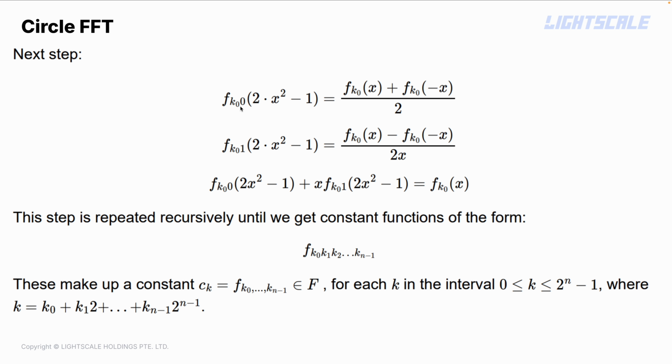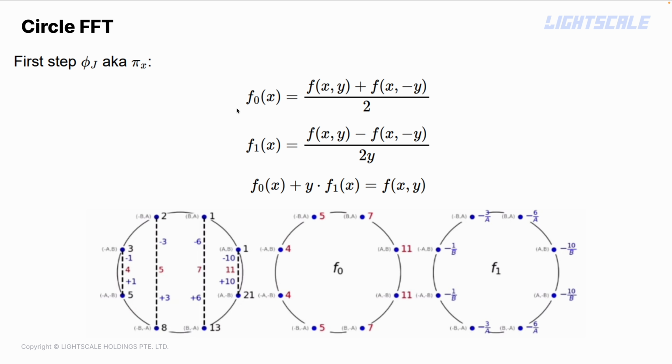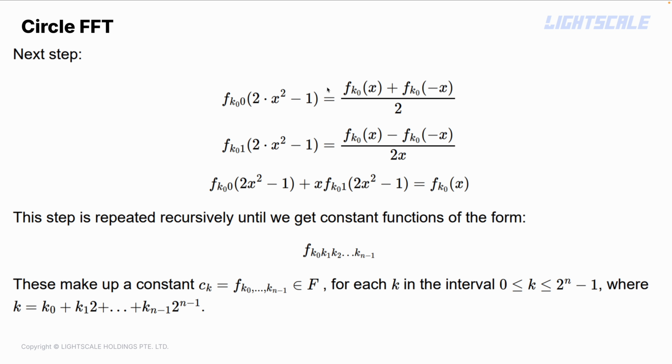Let's say k0 is either 0 or 1. Okay. So let's say k0 is 0, right? So here we are folding this only. So f00 is folding of f0. Say that again one more time. f0 and f1 is folding off of f0? Yeah, so let's say k0 is 0, right?